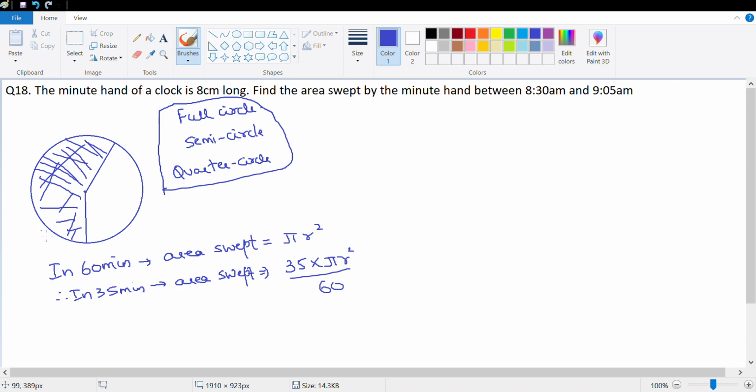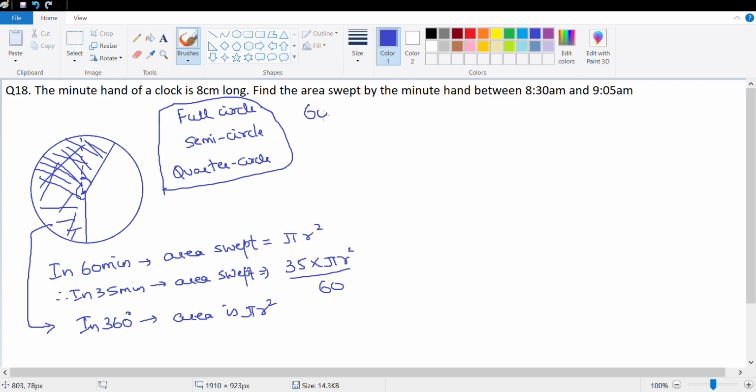Another would be in case you want to look at it from the degree perspective. So the total angle around the center of a circle is 360 degree. So in 360 degree, area is pi r square. How much would be this angle? So that we'll need to calculate. So this is 180 degree. How much is the angle swept in 5 minutes?